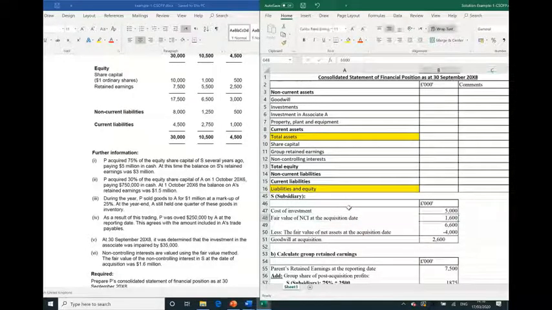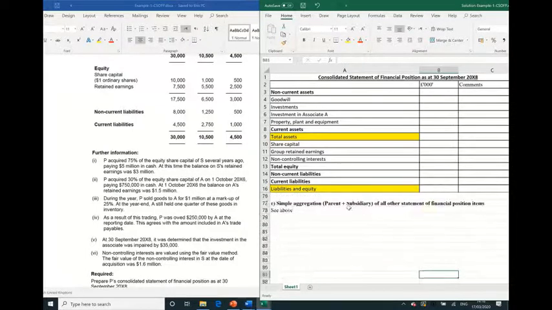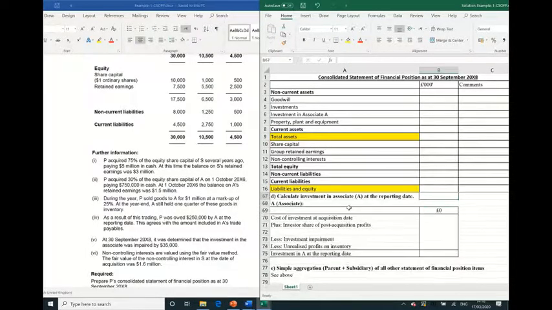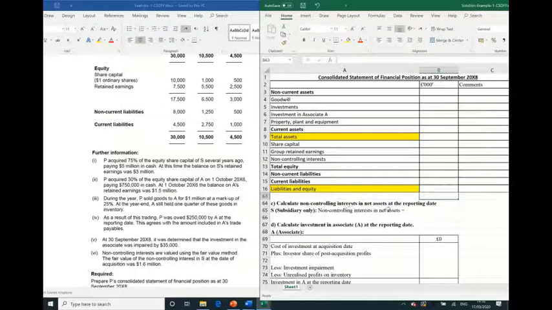So it is 1,600,000. This will be adjusted by the post-acquisition retained earning of the subsidiary.